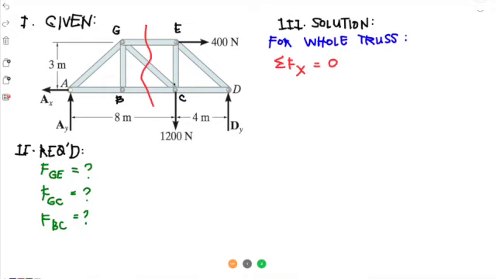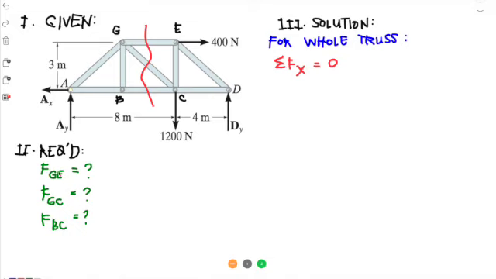So you really can't conclude. So let's keep that as an assumption. If it becomes negative, then we'll just reverse our assumption. Okay, so that is our given. This is the truss that we'll be analyzing. So identifying the required.